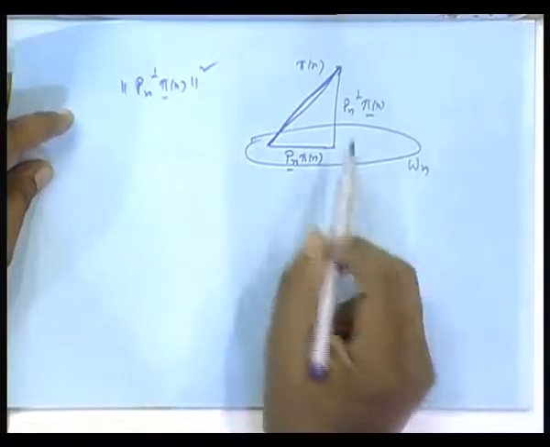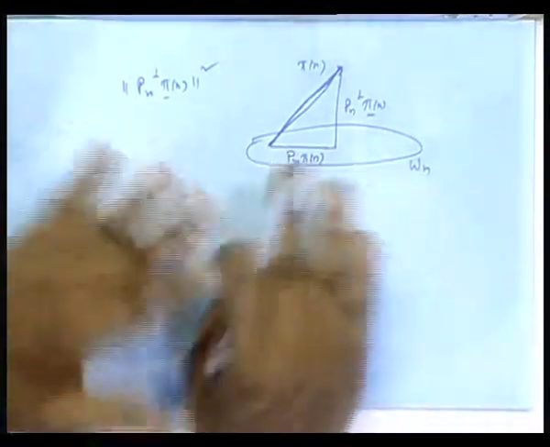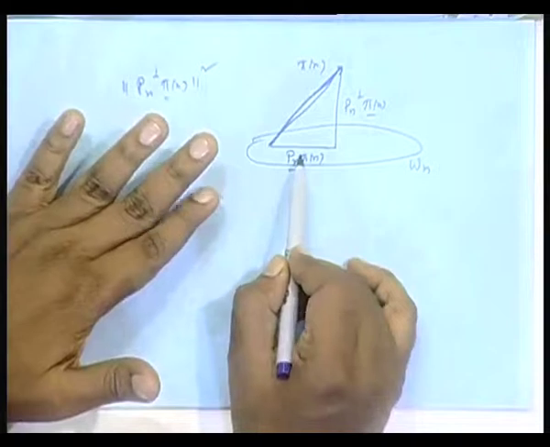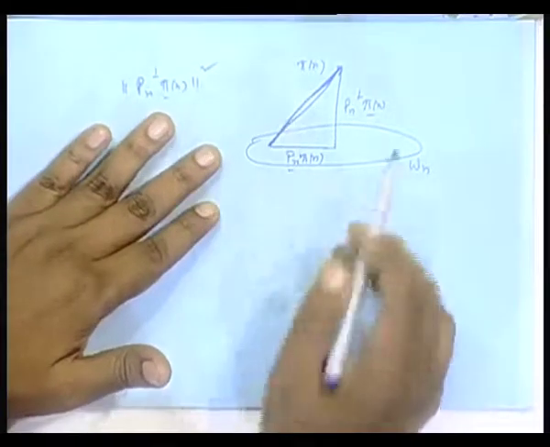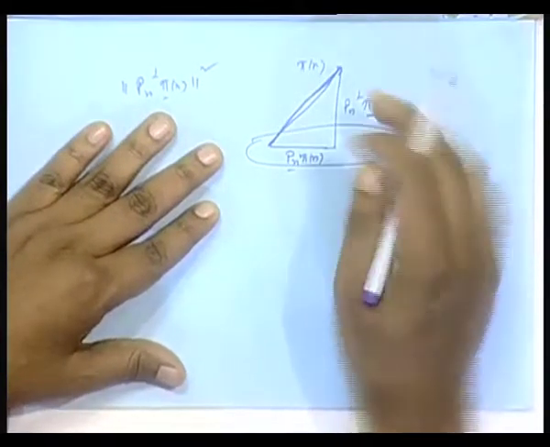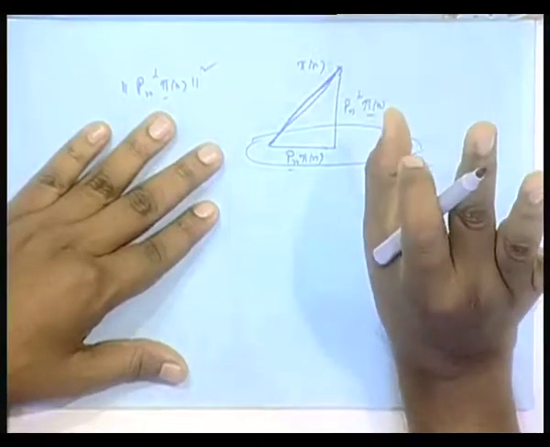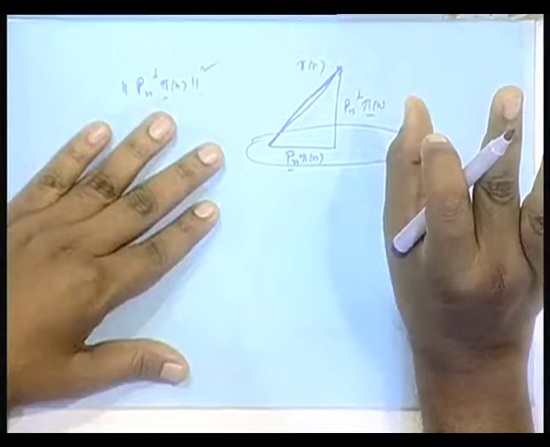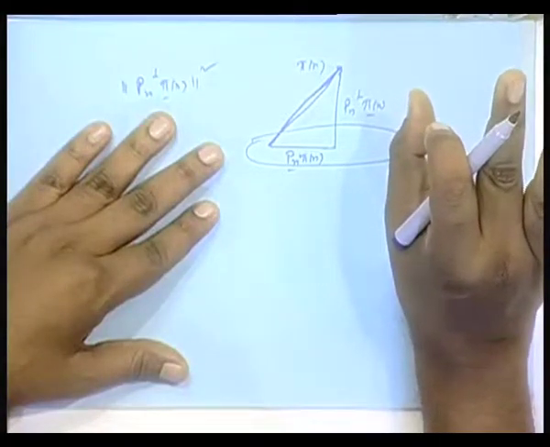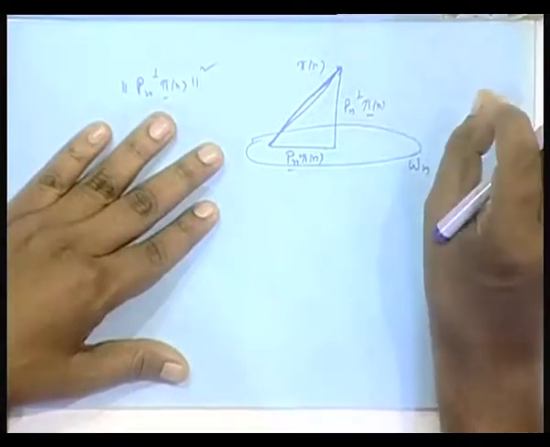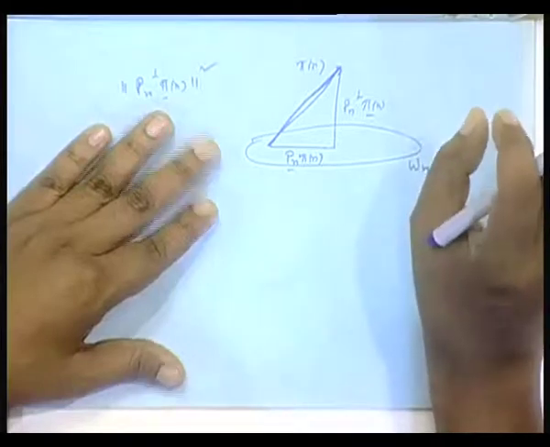Now, even without using any geometry, you all know that the square of this plus the square of this equals the square of this. That means if I take the ratio of the norm square of this guy by the norm square of this guy, that will be less than 1, greater than or equal to 0, less than 1. Forget about the geometry.